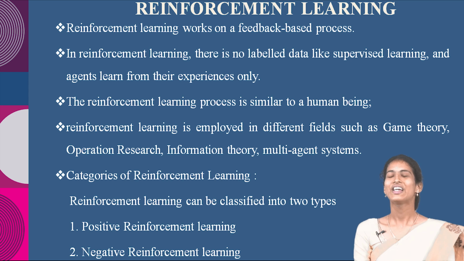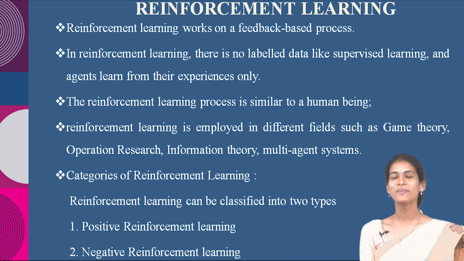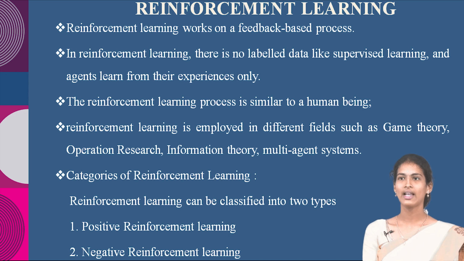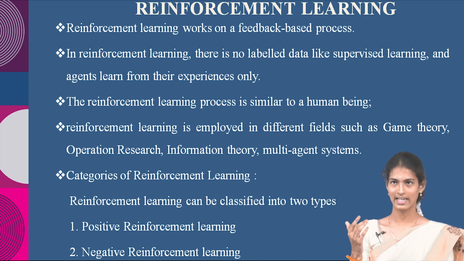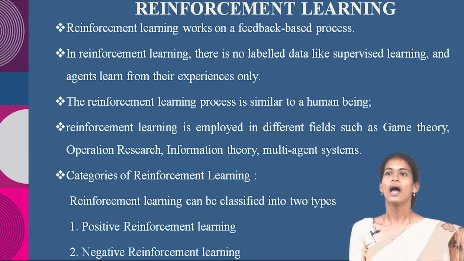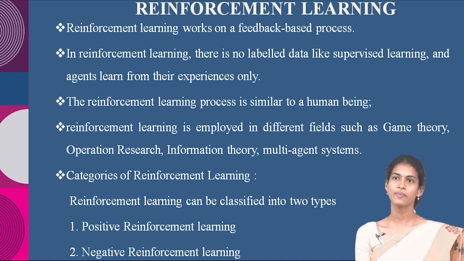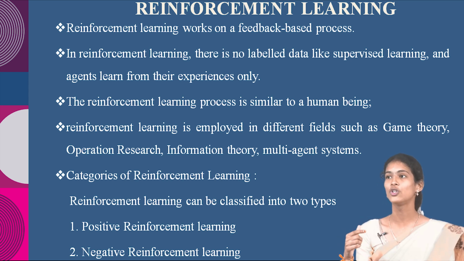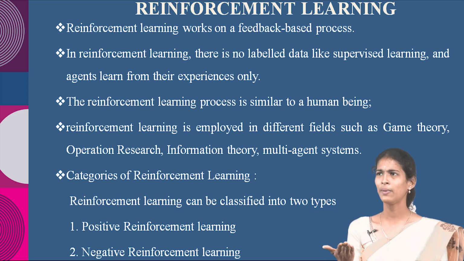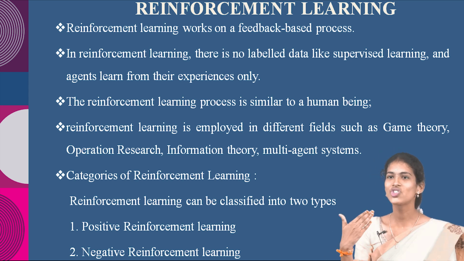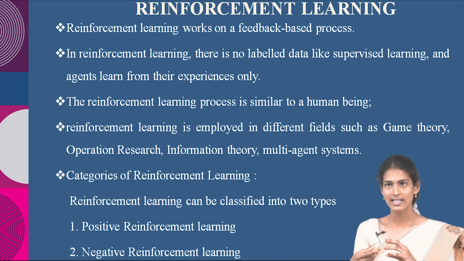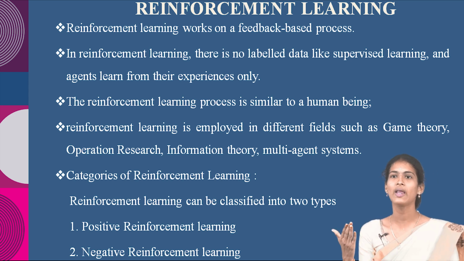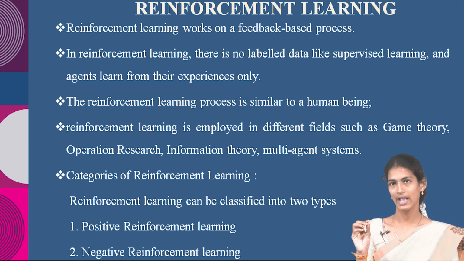The fourth type, reinforcement learning. Reinforcement learning works on a feedback-based process. In reinforcement learning, there is no label with data like supervised learning, and agents learn from their experiences only. The reinforcement learning process is similar to human beings. For example, a child learns various things in day-to-day life. Another example of reinforcement learning is playing a game, where the game is an environment.